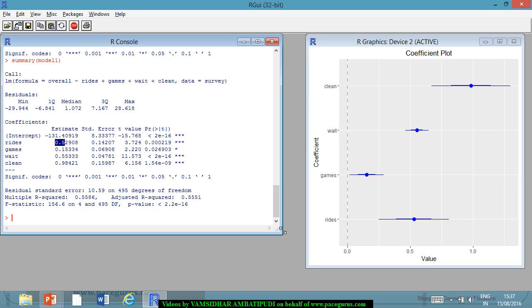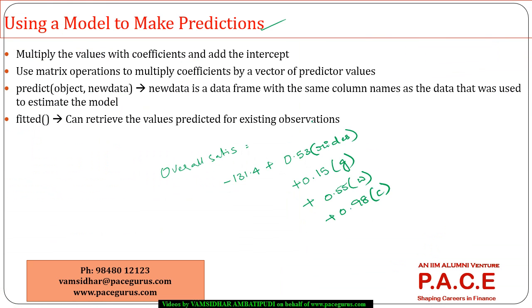Now this is the kind of estimate that I can typically go with when I am talking of the overall satisfaction that they are carrying with the model. So that is one thing that I can look at.